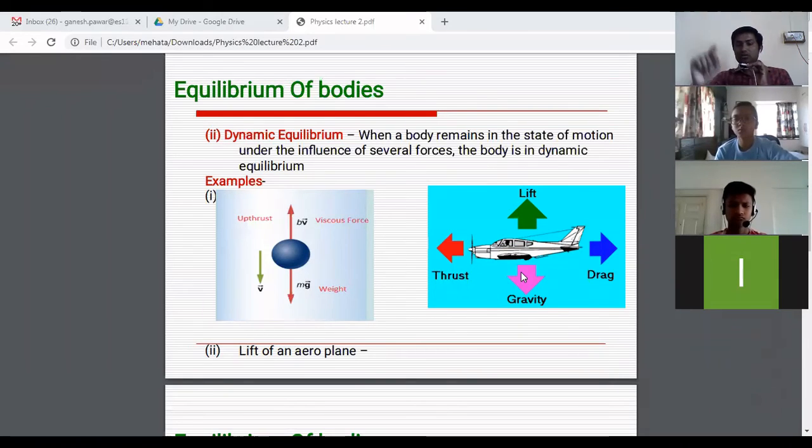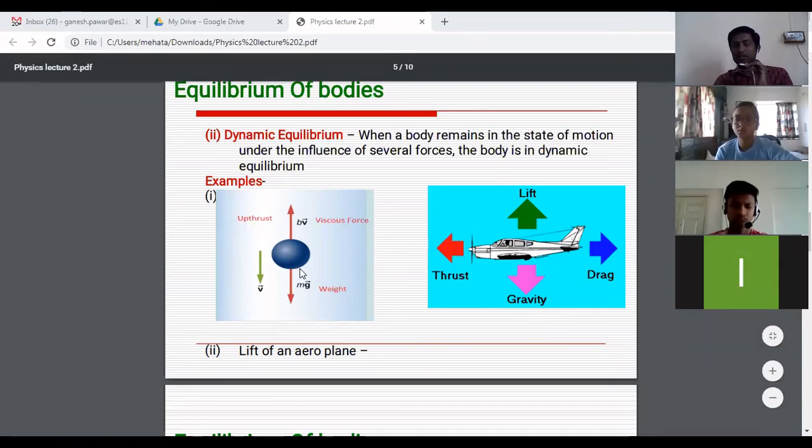So this is the second example, the lift of an aeroplane. Is everyone clear with these two examples?